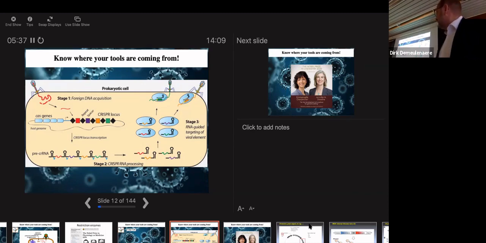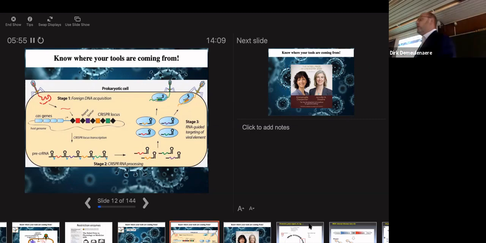And then, using this CRISPR locus transcription unit, it will produce a pre-RNA that will then be cut, you know that, and this will serve as a guide to hybridize with the genome of the phage, and thanks to the Cas9, the genome will be cut.